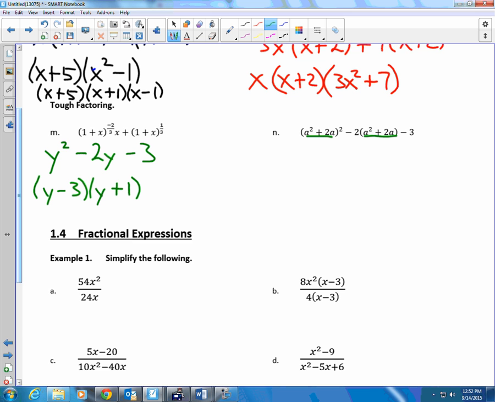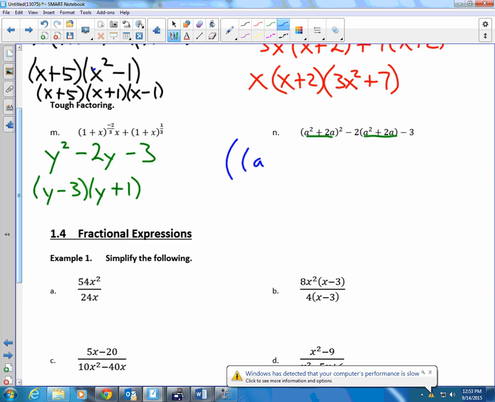So instead of y, what should I put for this part? A squared plus 2a. You guys agree that these are the same problems, just this one has an a squared plus a 2a, right? So we'll do that. I have a squared plus 2a.